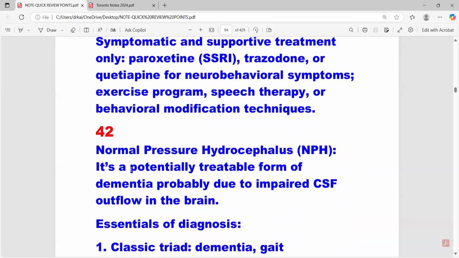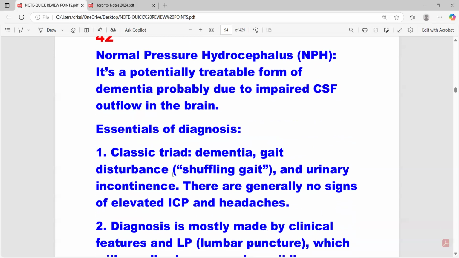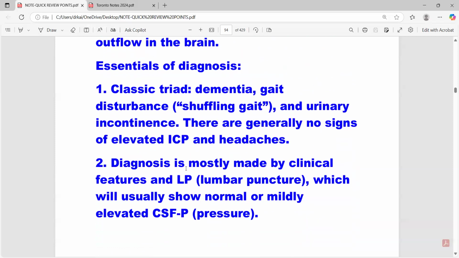Normal pressure hydrocephalus is a potentially treatable form of dementia. It's mainly the classical triad. Which one is that? Shuffling gait, then dementia, and then urine retention. You need to know because they ask you this one and then make the diagnosis. There are generally no signs of increased ICP and headaches.